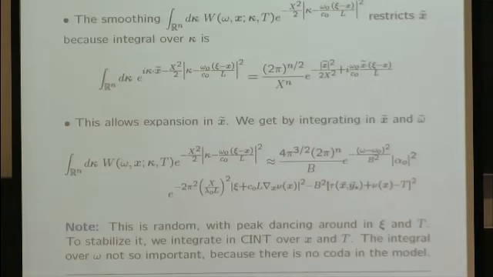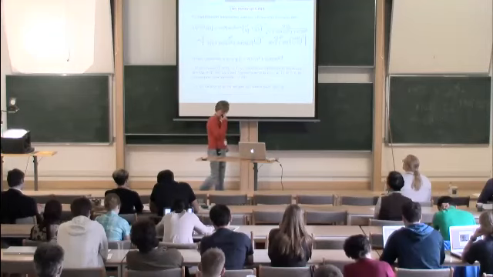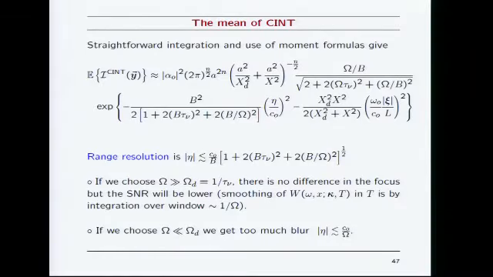Now you can compute moments using the expression of the Wigner transform, and this is the expression of the expectation of the coherent interferometric function.